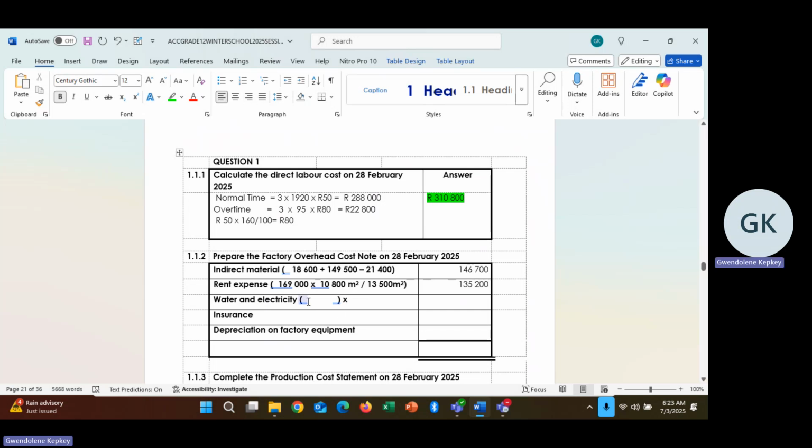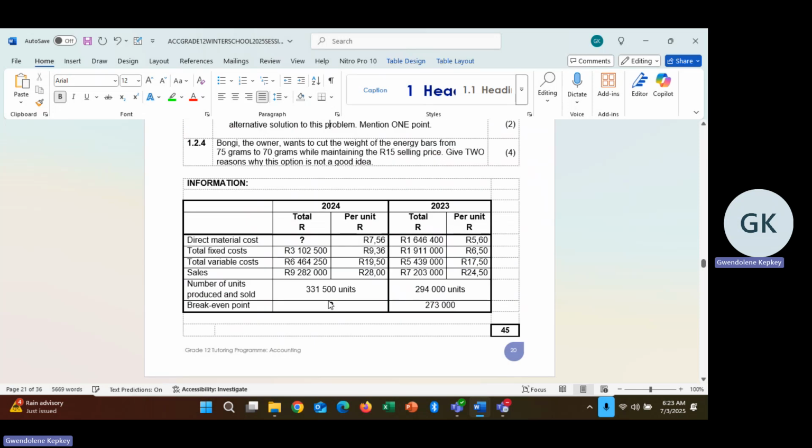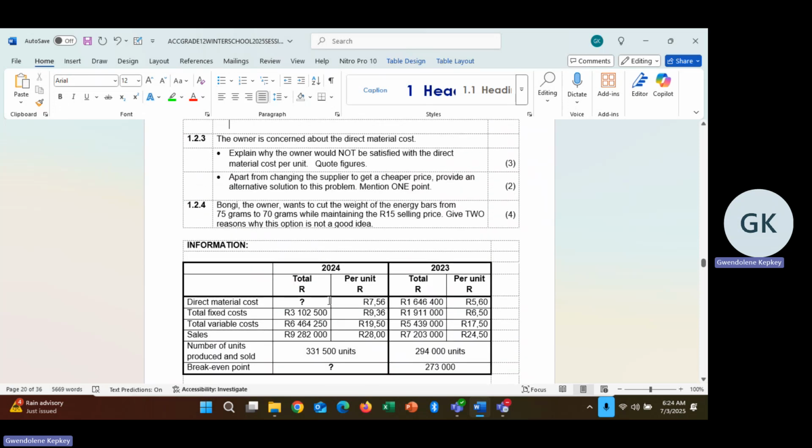Then let's do the water and electricity. The water and electricity reads as follows. They're telling us that the factory occupies 75%. The factory occupying 75%, so I'm punching that in. I'm now going to find out what is the total of my water and electricity.